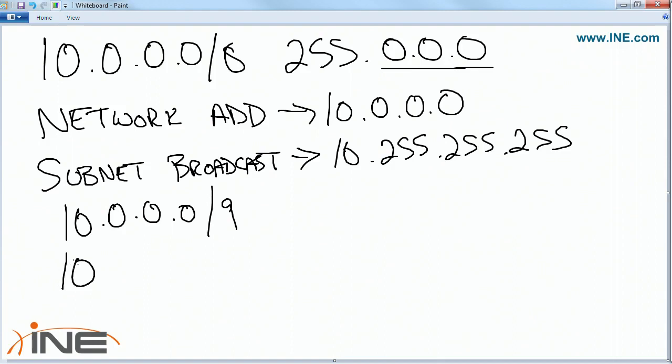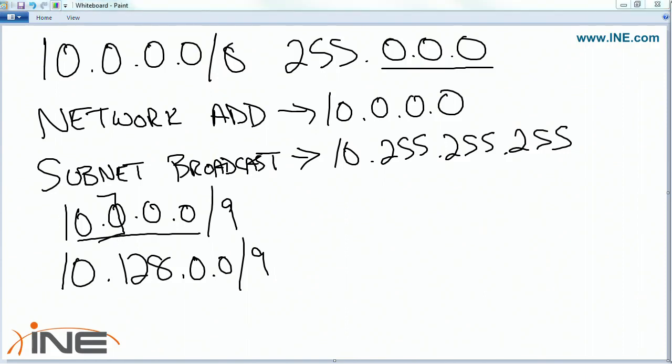10.0.0.0/9 and 10.128.0.0/9, it means that the network address of this first one is 10.0.0.0. The broadcast address would be all ones, with the exception of that one bit that we had to borrow for the network address.